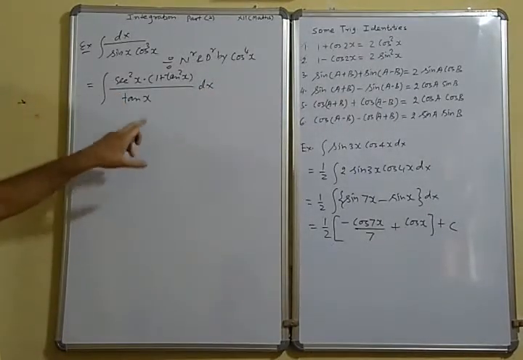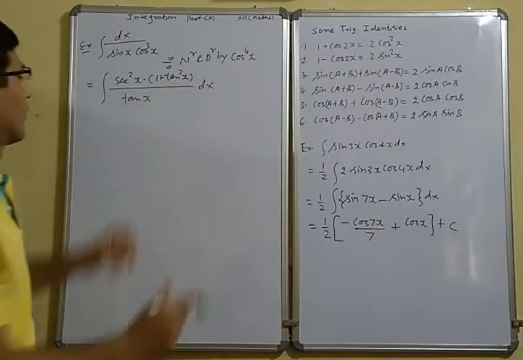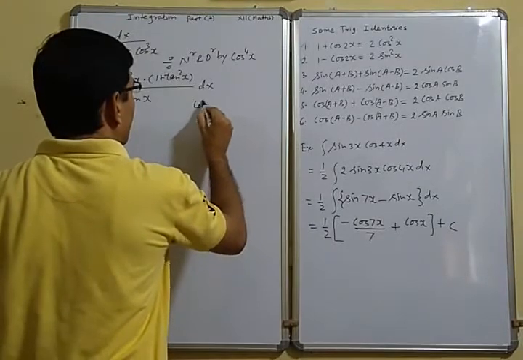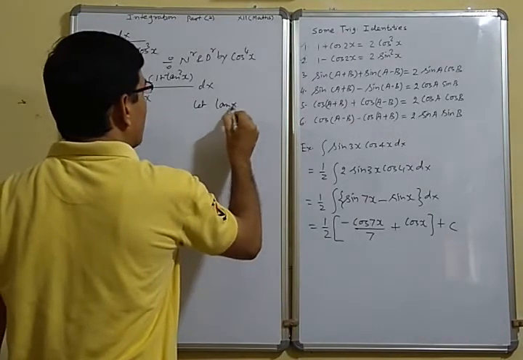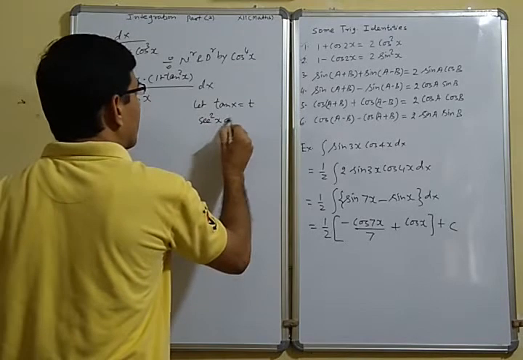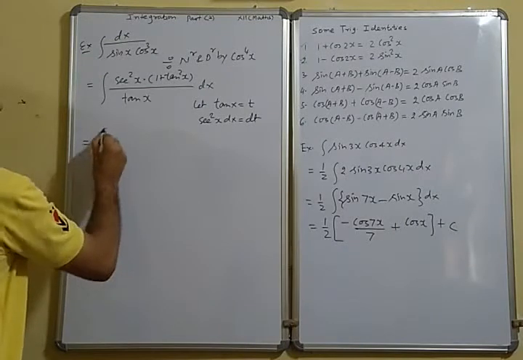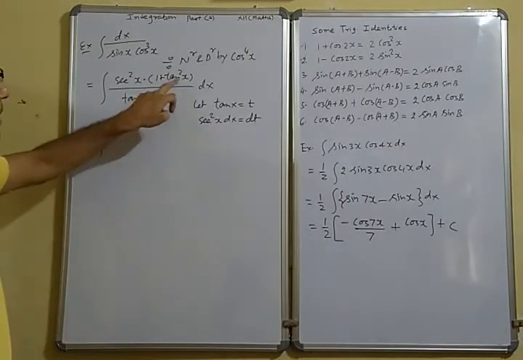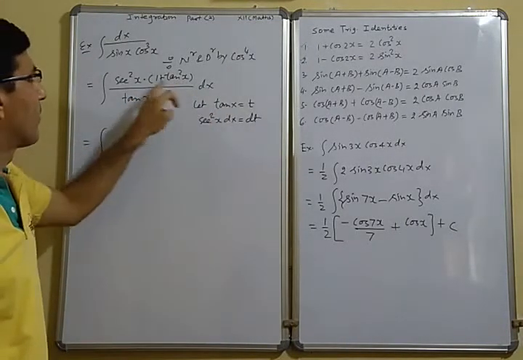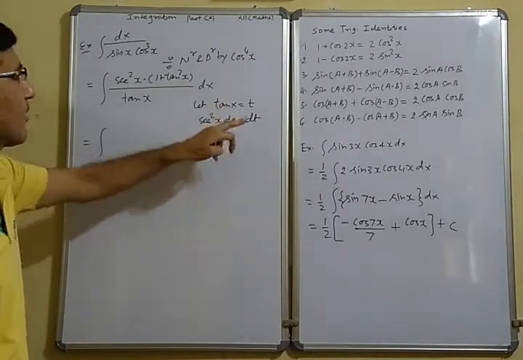Now after this, again we have to use the substitution method. Let tan x be equal to t, so it becomes sec square x dx is equal to dt. So this integration becomes integration of 1 plus tan square x, that is 1 plus t square, and tan x, that is t, and sec square x dx becomes dt.